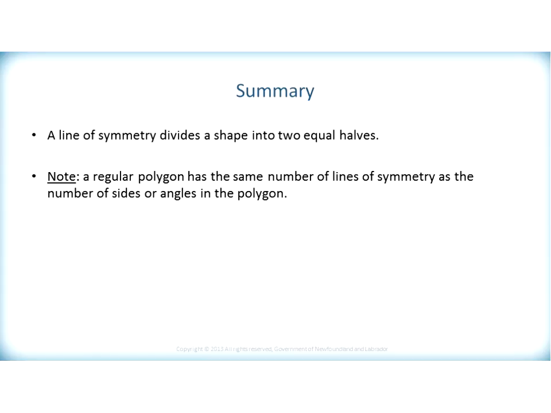For any regular polygon, it has the same number of lines of symmetry as the number of sides or the number of angles, because they're both going to be the same number, in the polygon. So for instance, if I had a regular pentagon, a 5-sided figure, that means I must have 5 lines of symmetry. So that is something we're going to come across when we do some questions during our question sets.